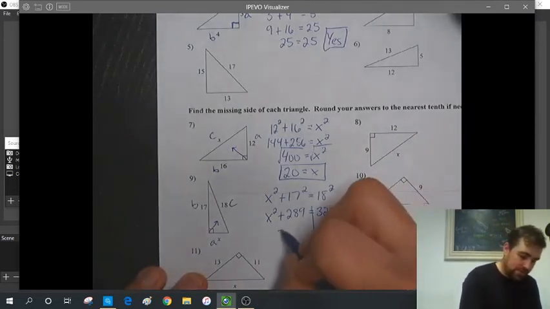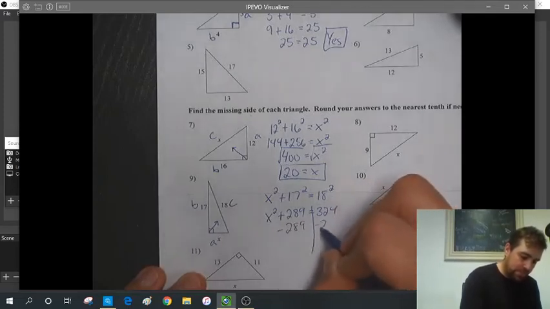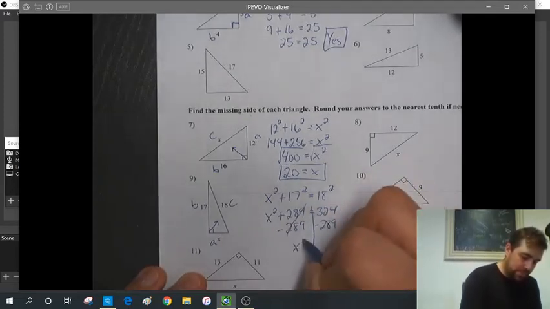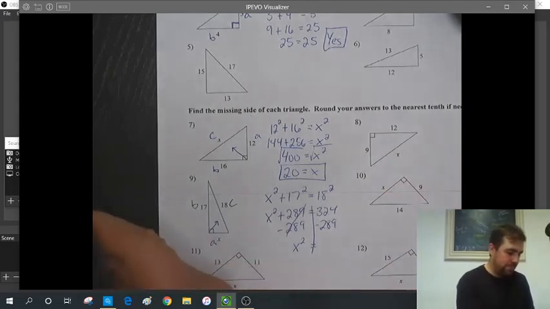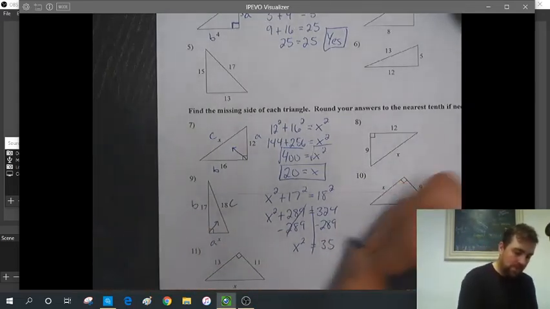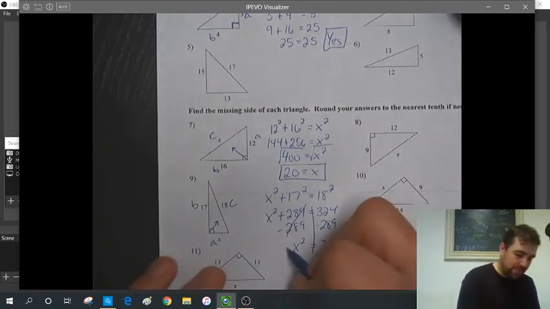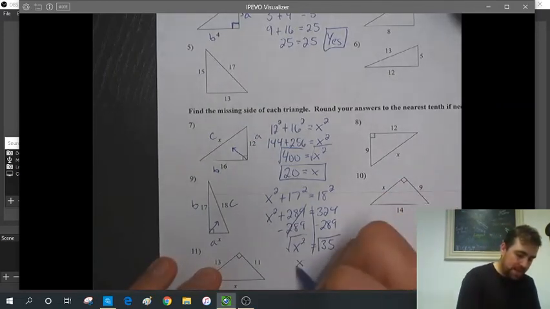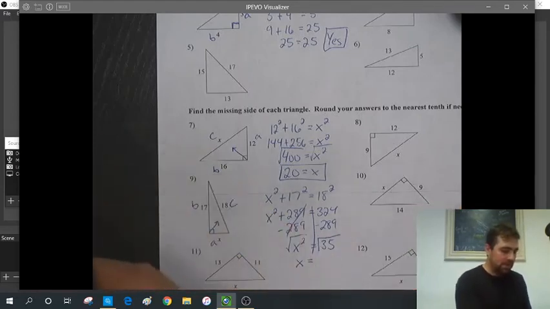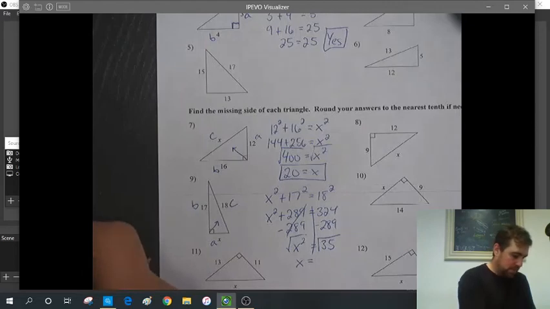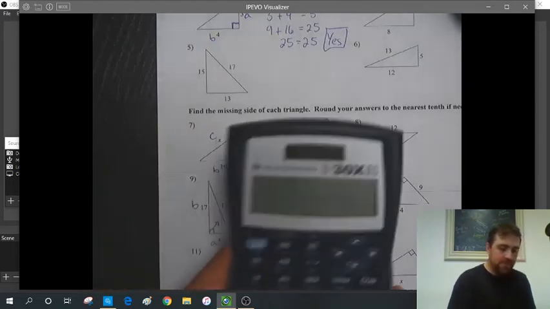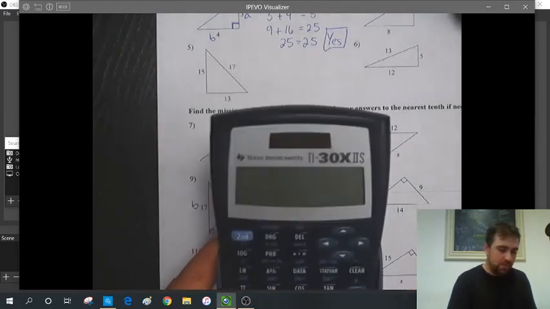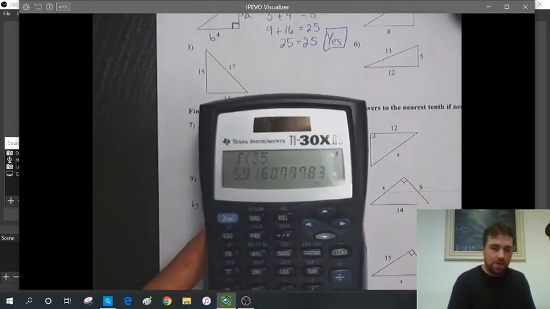Two-step equation now. We get that x squared is equal to 35. Square root both sides. And let's see, that's going to be just a little less than 6. The square root of 35, and so sure enough, 5.91. So we'll round that, it says to the nearest tenth, so we'll go with 5.9.